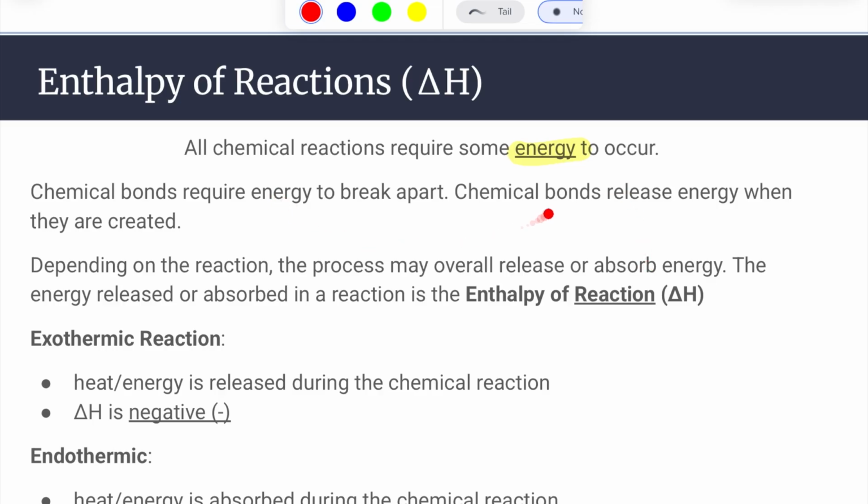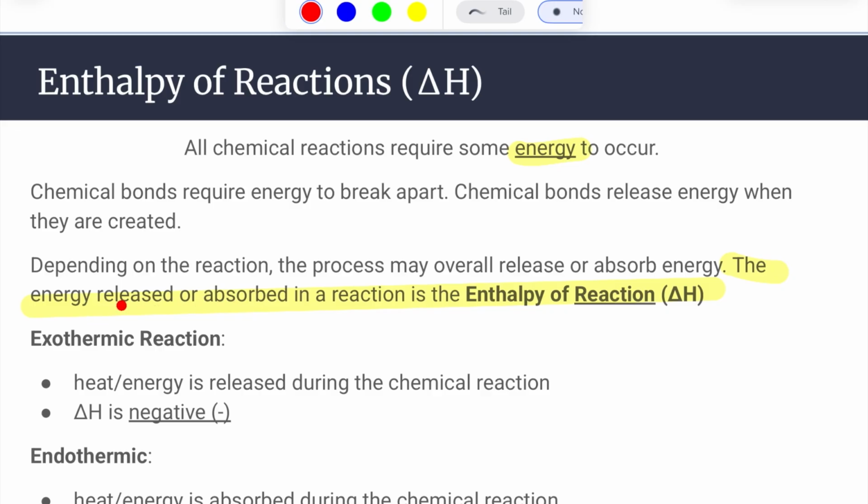If we look at how these values compare to one another, the energy released or absorbed in a reaction is the enthalpy of reaction, or that is more commonly called delta H. And so that energy being released or absorbed.